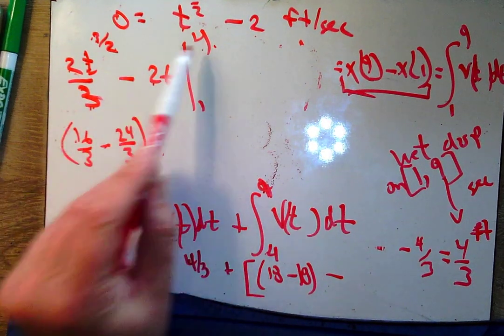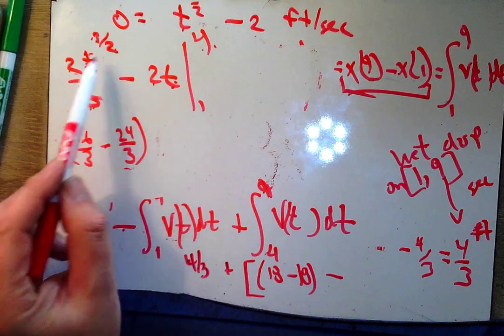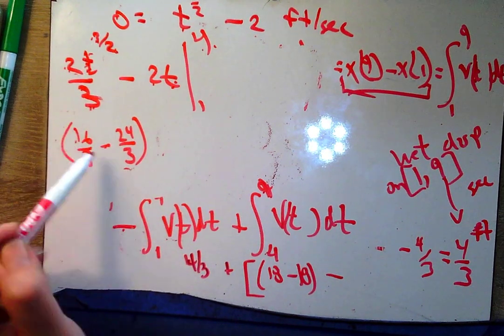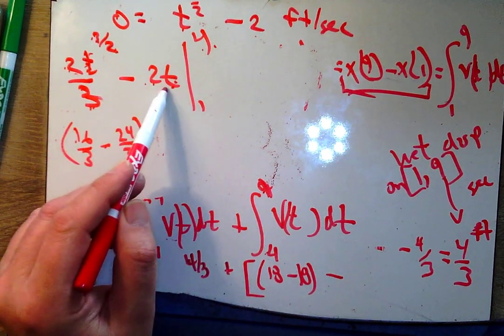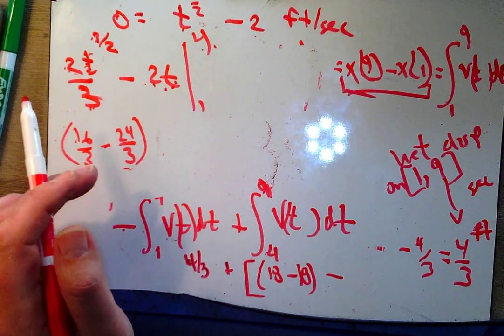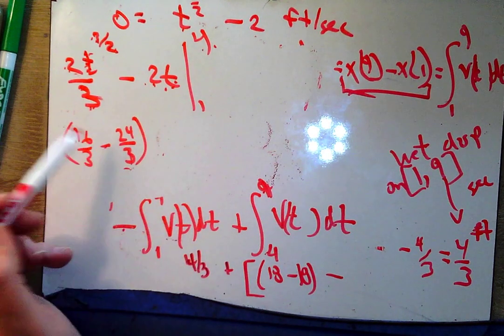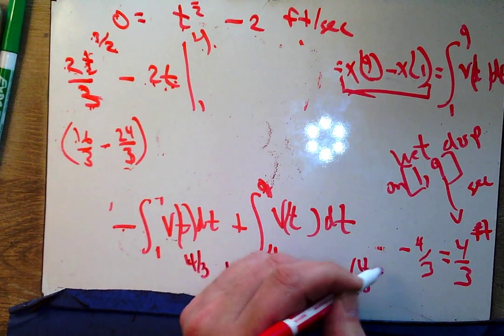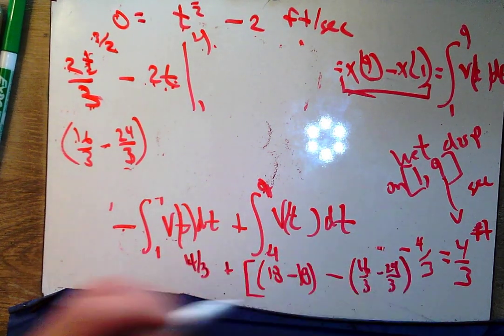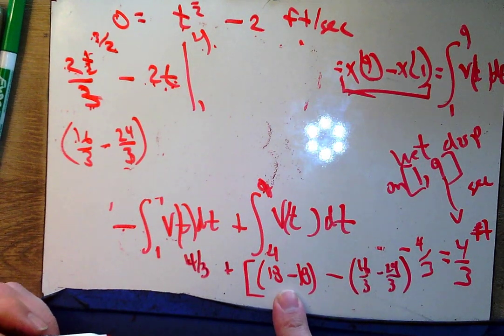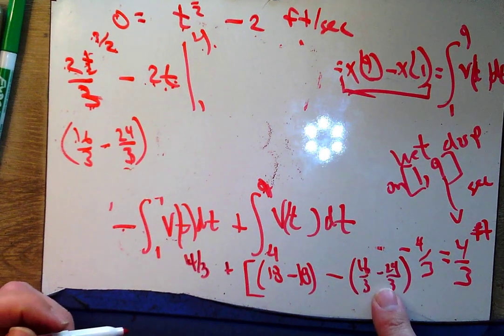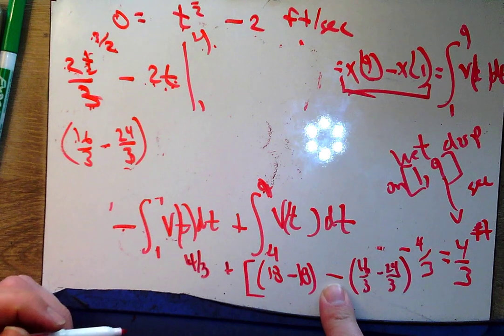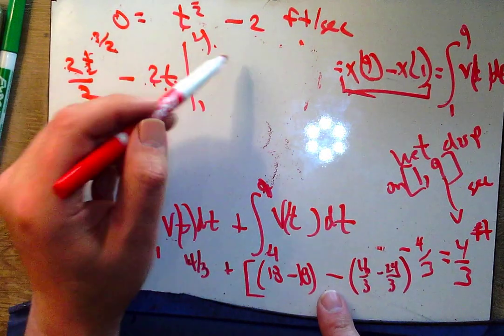This value at 4 was 16/3 minus 2 times 4 is 8, so 24/3. Okay. So 16/3 minus 24/3 is negative 8/3. And that's negative 8/3 times a negative, is positive 8/3.